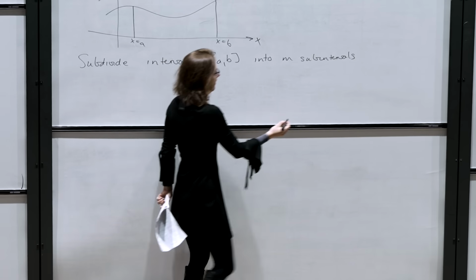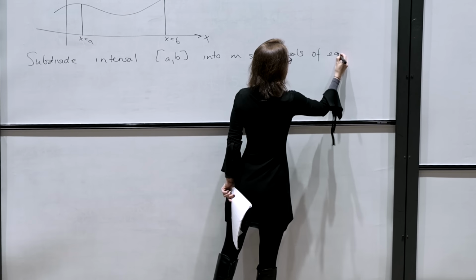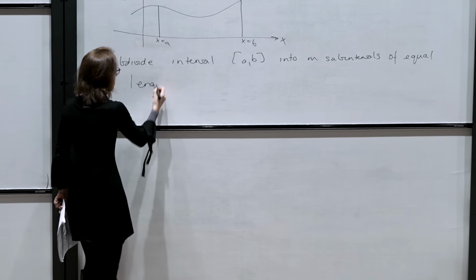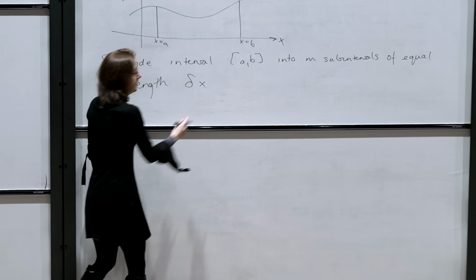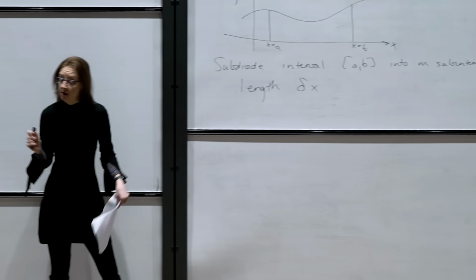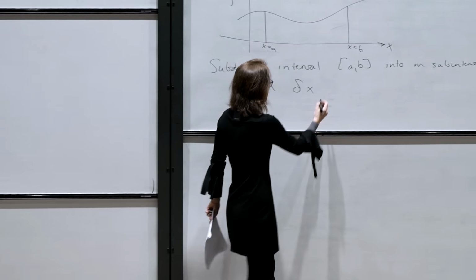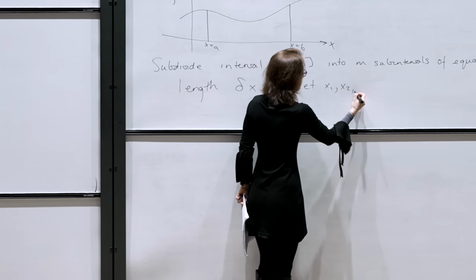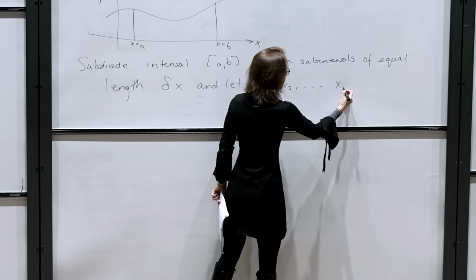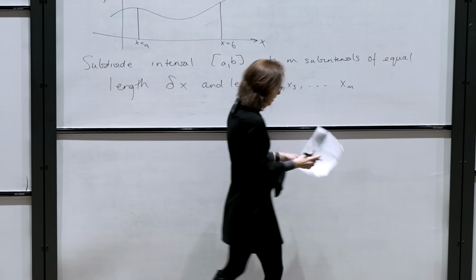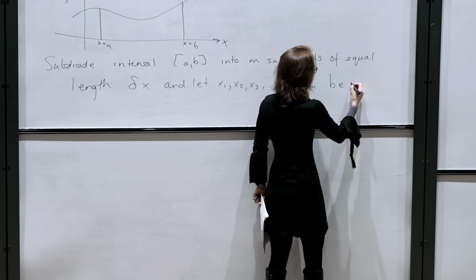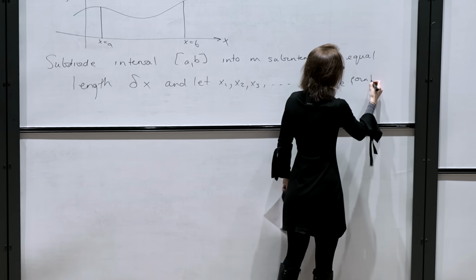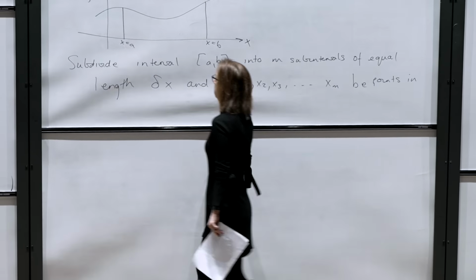We can make them equal length if you like. Doesn't have to be, but let's suppose we do, of equal length. And let's call that delta x. So delta x is just a small increment in x. And we let x1, x2, x3, all the way up to xm be points in the intervals.